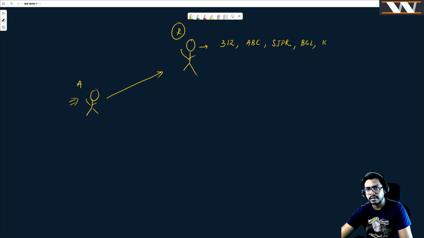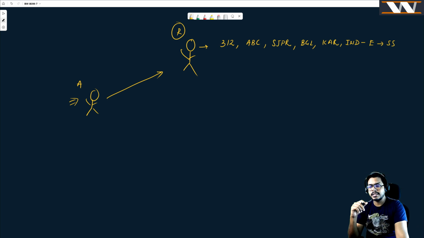Bangalore is in Karnataka, right? Karnataka is in India. India is on Earth, and Earth is part of my solar system, right? So this is the complete address.